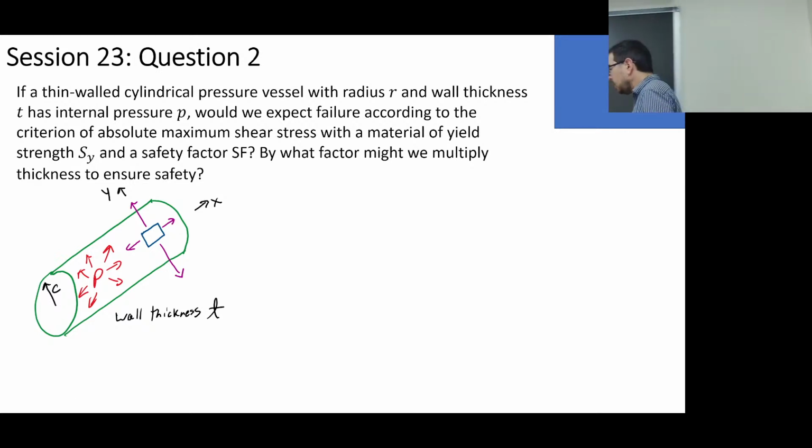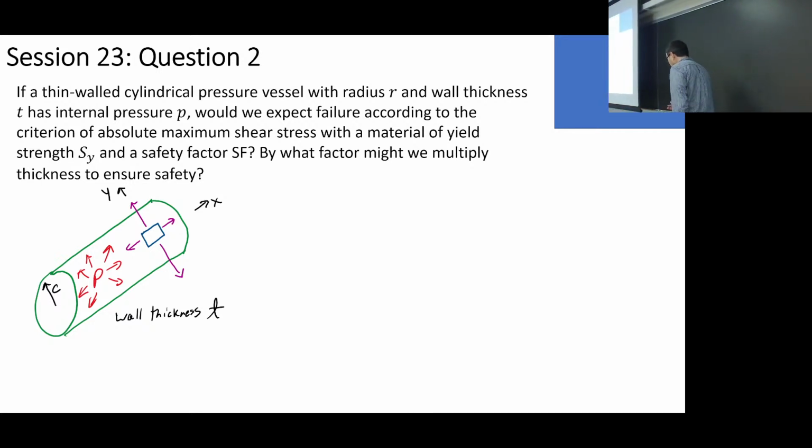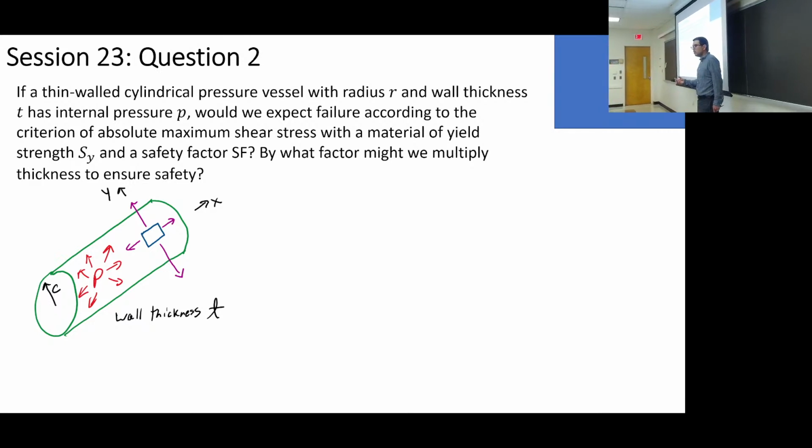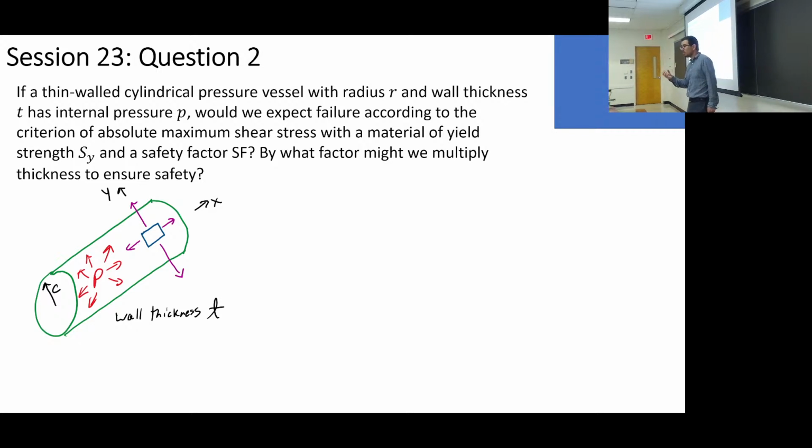In this case, if we increase the thickness of the pressure vessel, will the pressure vessel be able to support more or less pressure? No, but we're increasing the thickness. If we increase the thickness of the pressure vessel, can we put more pressure or less pressure inside of it? We can put more pressure inside of it, right?